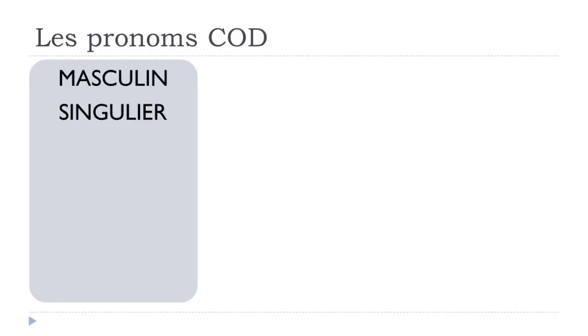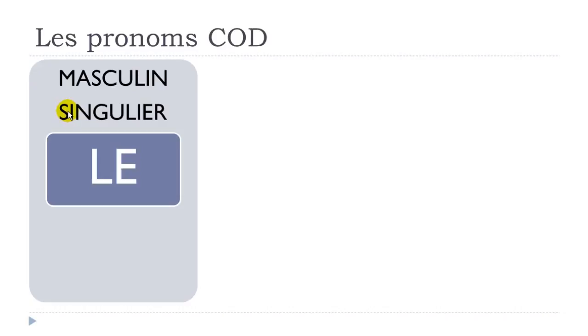Okay, so let's see these pronouns together. So as usual, we will have the difference between the masculine, the feminine, and the plural. In that case here we'll start with the masculin singulier. Masculin singulier will be first le, or then, as usual, if we've got a vowel coming after, the E will disappear, so it will be L apostrophe.